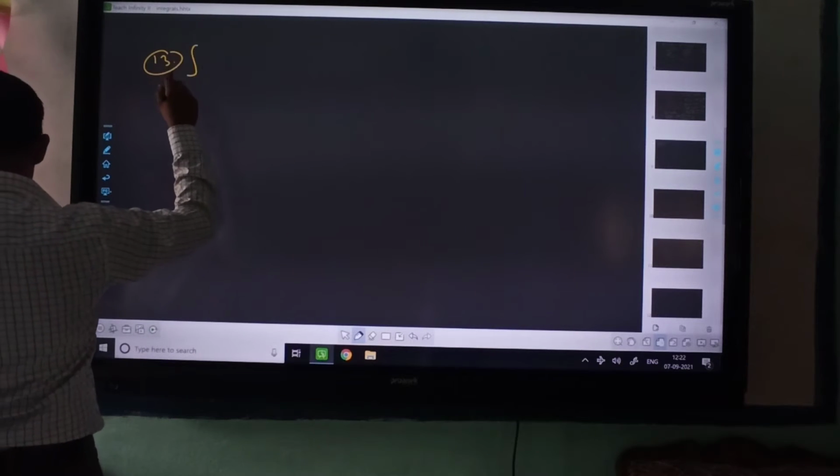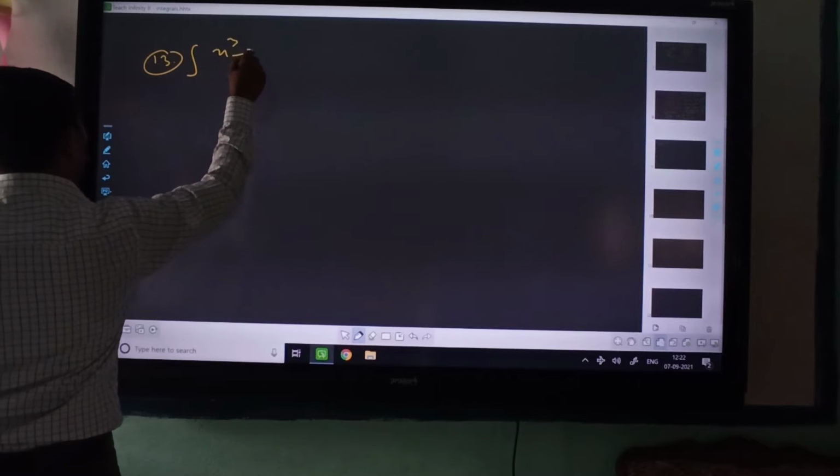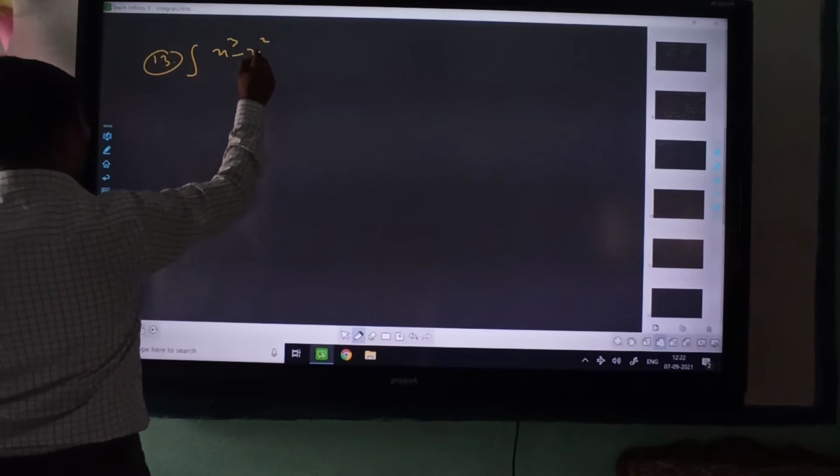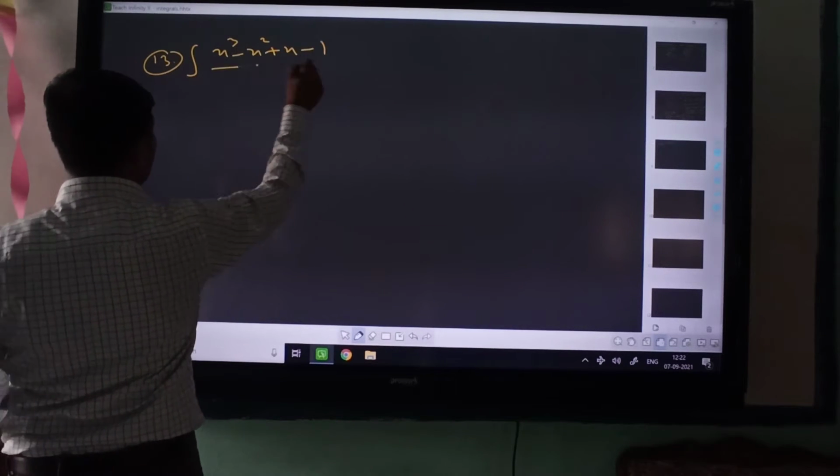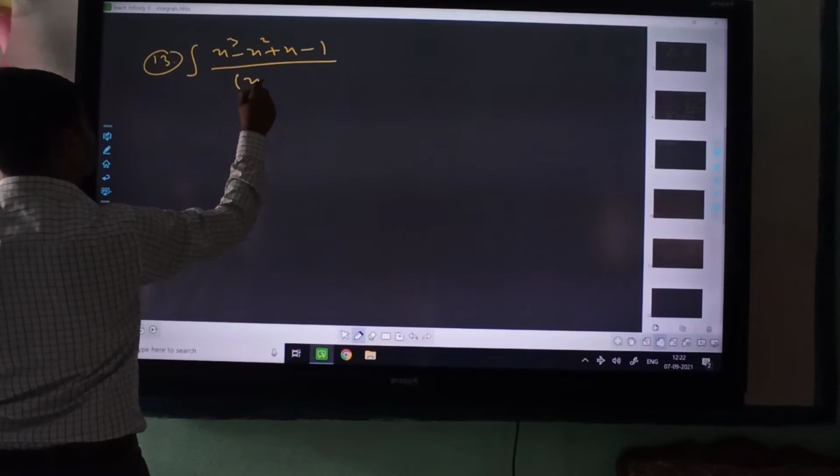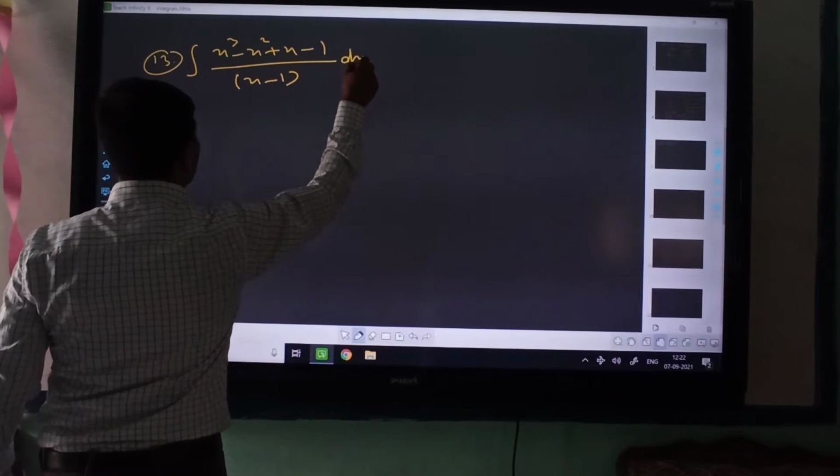Question number 13: integral of x cube minus x square plus x minus 1 divided by x minus 1. Here is the problem.